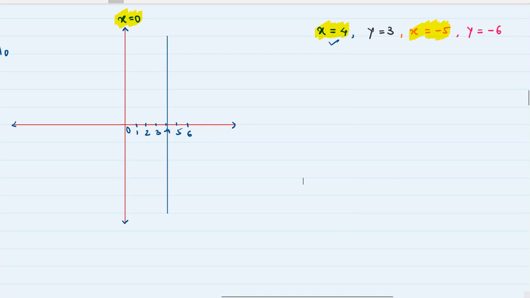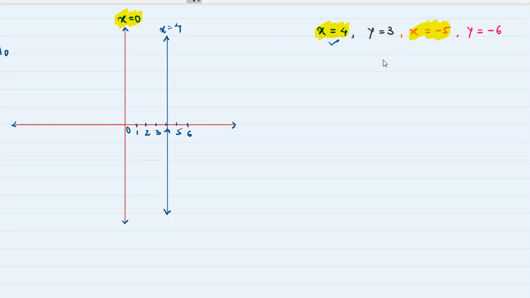Okay, so you get it, right? It's passing through 4. Anyway, so this line, which is parallel to y-axis and passing through point 4, its equation will be x is equal to 4.